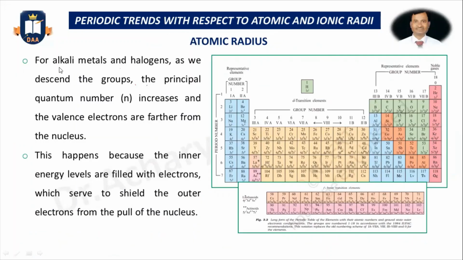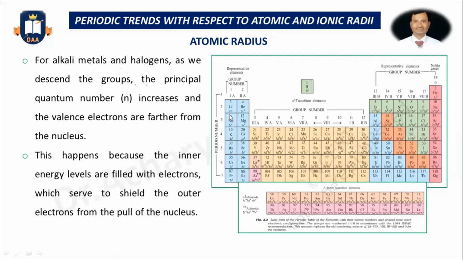See the periodic table. For alkali metals, group number 1, and halogens, group number 17, as you descend the group, that means coming down along the group for both cases, the principal quantum number n increases, we know.